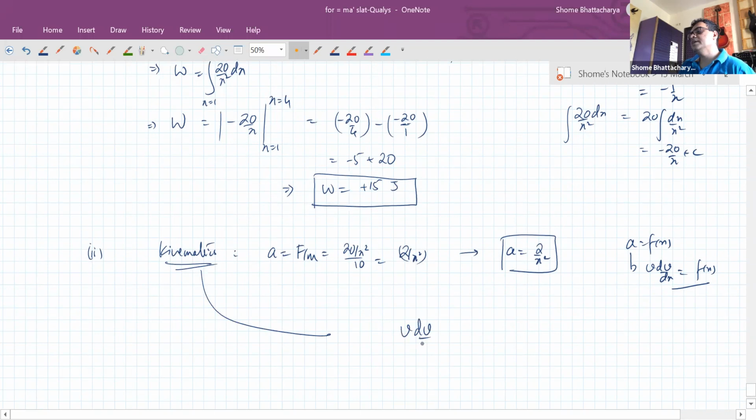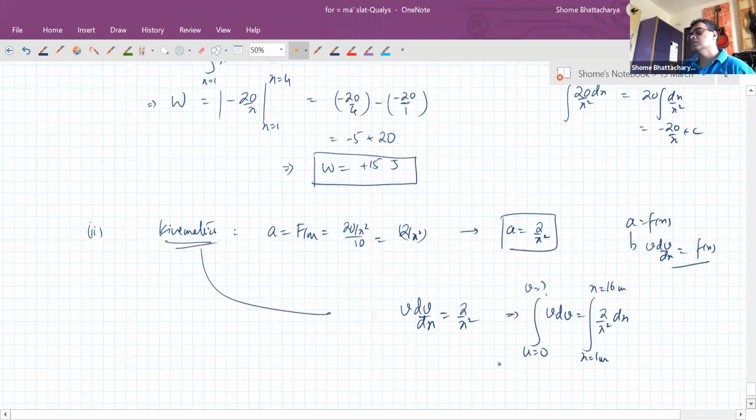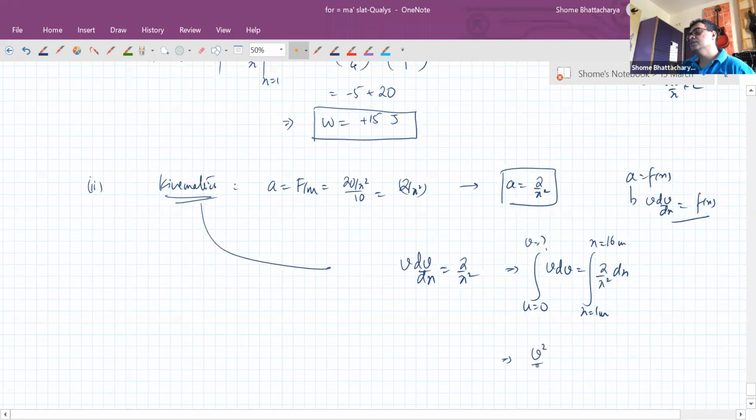So v dv by dx is equal to 2 by x square. So v dv is equal to 2 by x square dx. Now integrate. At x equal to 1 meter the body started from rest, and at x equal to 16 meters, I want to calculate the value of v. So this side will become v square by 2 from 0 to v. This will become minus 2 by x from x equal to 1 to x equal to 16.